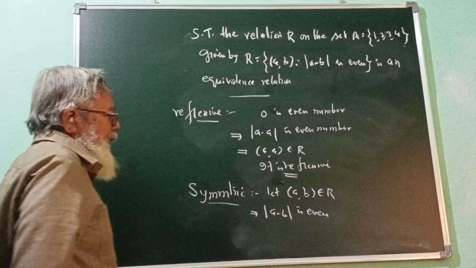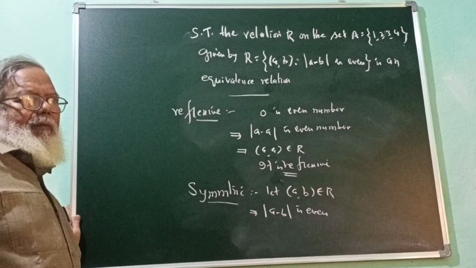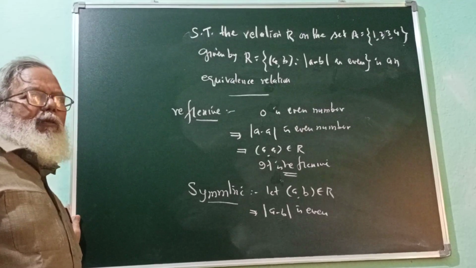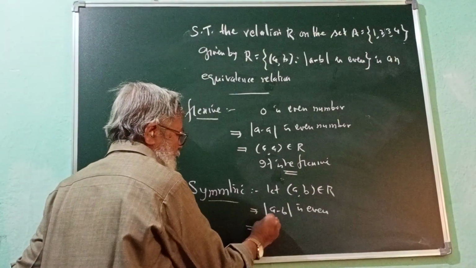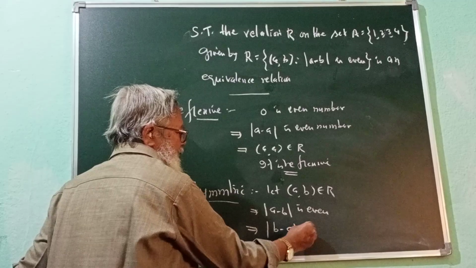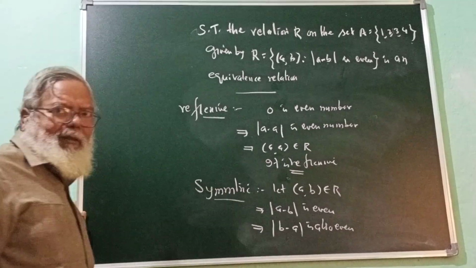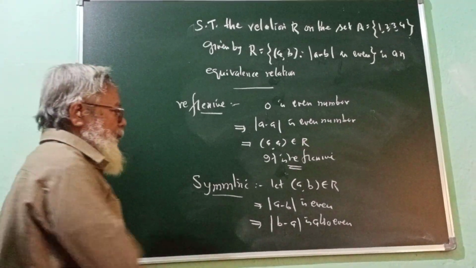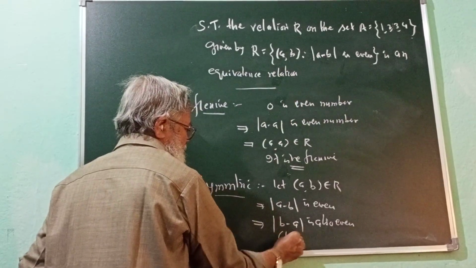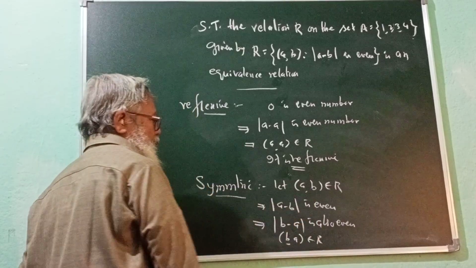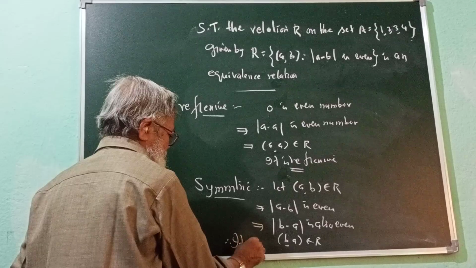When a number is even, its negative will also be even. 2 is an even number, and its negative minus 2 is also considered even. So we can write that mod of b minus a is also even, because with mod we don't consider the sign. Now b minus a is even means (b, a) belongs to R. Therefore, it is symmetric.